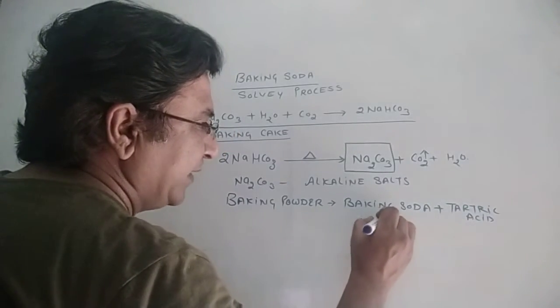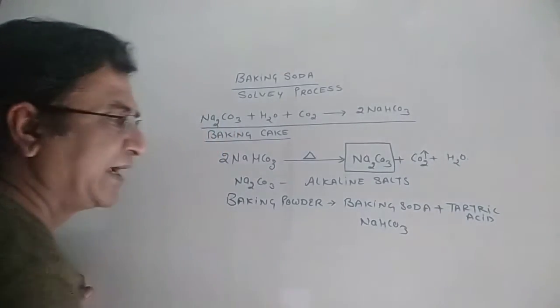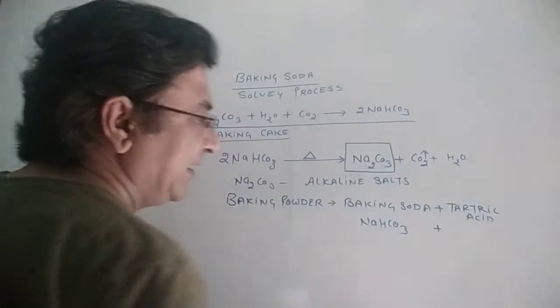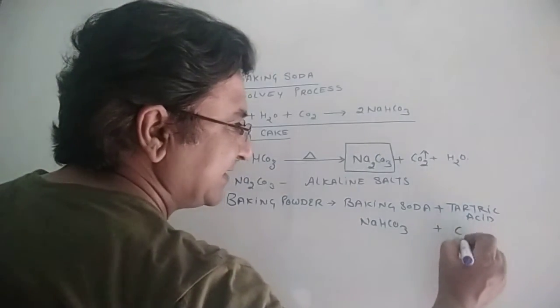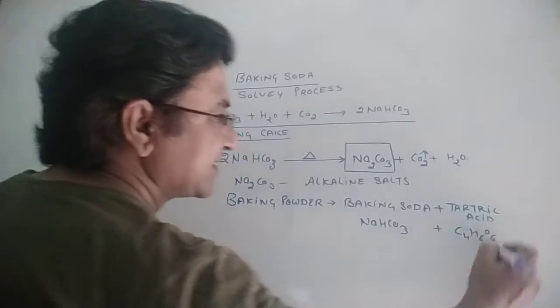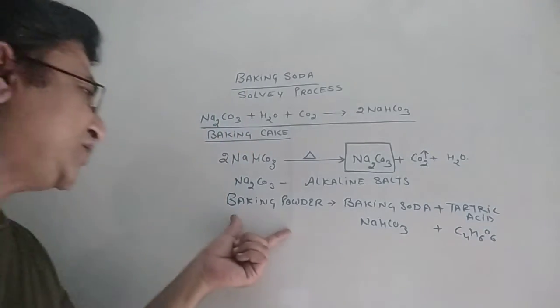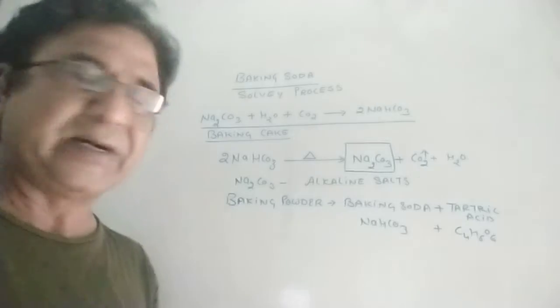So the formula of baking soda is NaHCO3, sodium bicarbonate, and in the powder we add tartaric acid, C4H6O6.